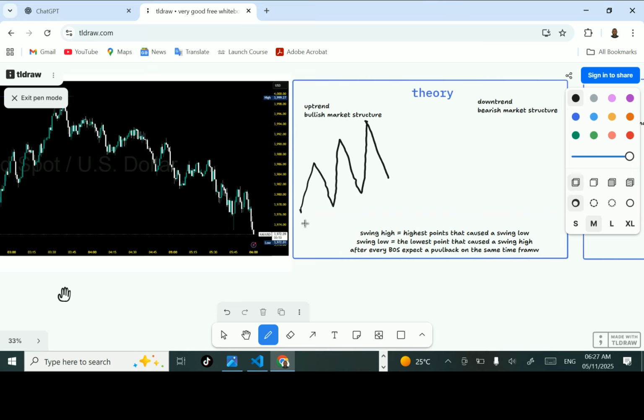So you're going to see that this market is forming key points, which are swing lows, which you call higher lows, and swing highs, which you call higher highs. It is forming higher lows and higher highs. But now, this point has to be valid.